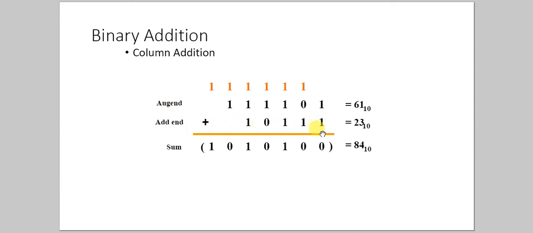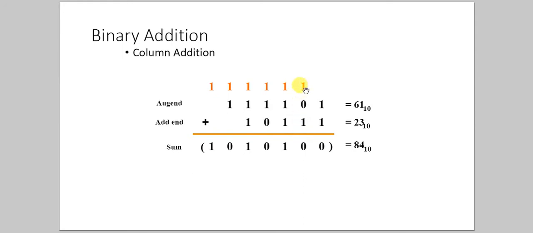When we add these two, 1 plus 1 is 1 0, just like 5 plus 5 is 10. 5 plus 4 is 9, but 5 plus 5 gives 0 and 1 is carried. So in this case the carry is 1.